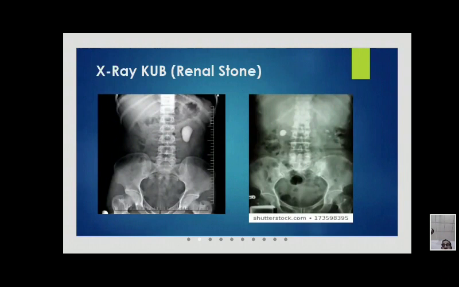For that stone disease, you can go for expectant treatment if you think the stone size is small, less than 5 millimeter, with no symptoms, no impairment of renal function, and no features of UTI.